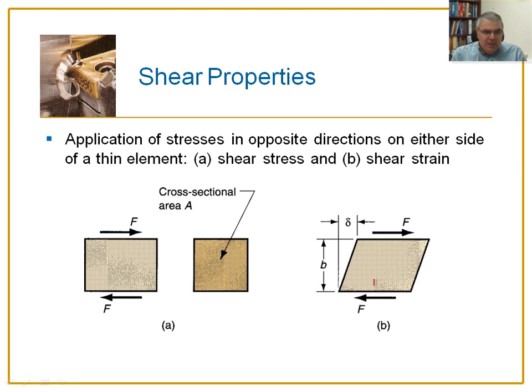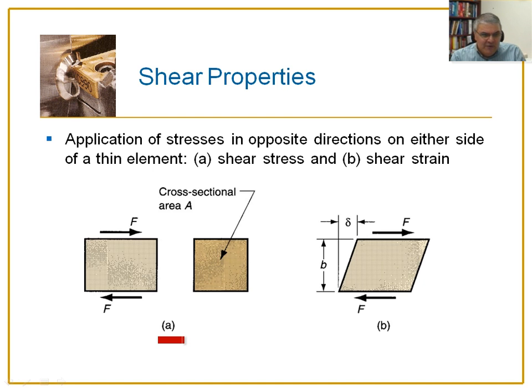So how can we calculate the shear properties of the material? We take a cross-sectional area of the material A, as shown in part A, and then we apply shear forces to this material.